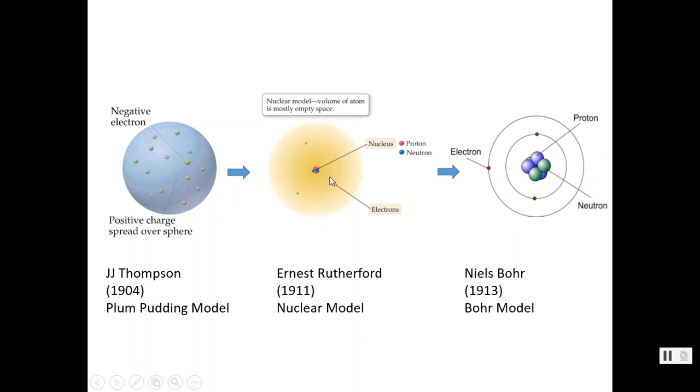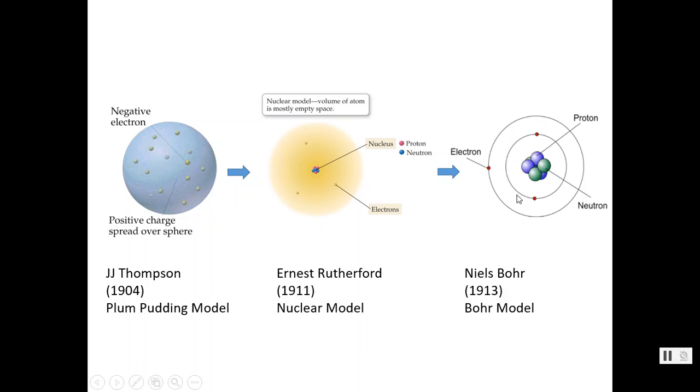So you can see that a similarity between Rutherford's nuclear and the Bohr model is that both have a nucleus, a dense core of protons and neutrons. But in the Bohr model, those electrons are in very specific regions or paths that travel around the nucleus.